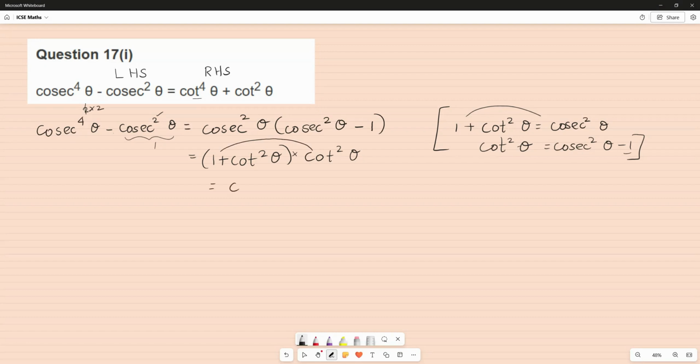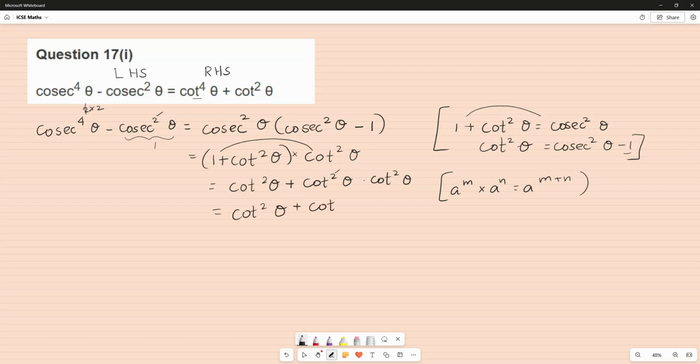1 into cot square theta is cot square theta, plus cot square theta into cot square theta. a power m into a power n: if the bases are the same, we can add the powers. Here the base is the same, cot theta.